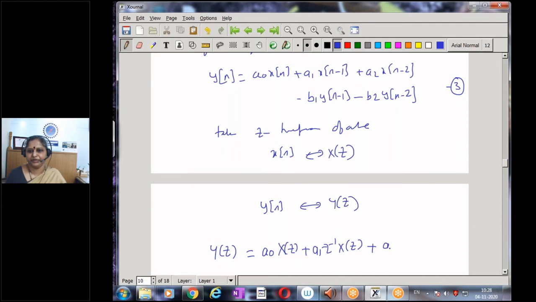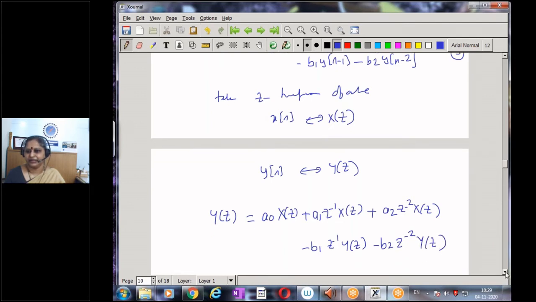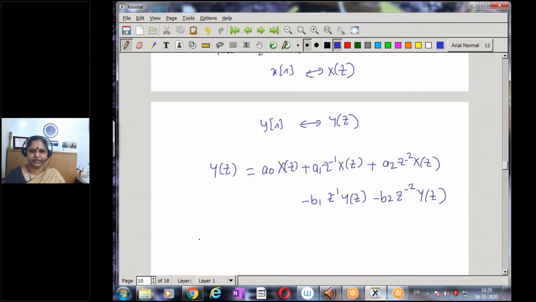Plus a2 times the Z transform of x of n minus 2, which by the time shift property becomes z to the power minus 2 X of z, minus b1 z inverse Y of z, minus b2 z to the power minus 2 Y of z.